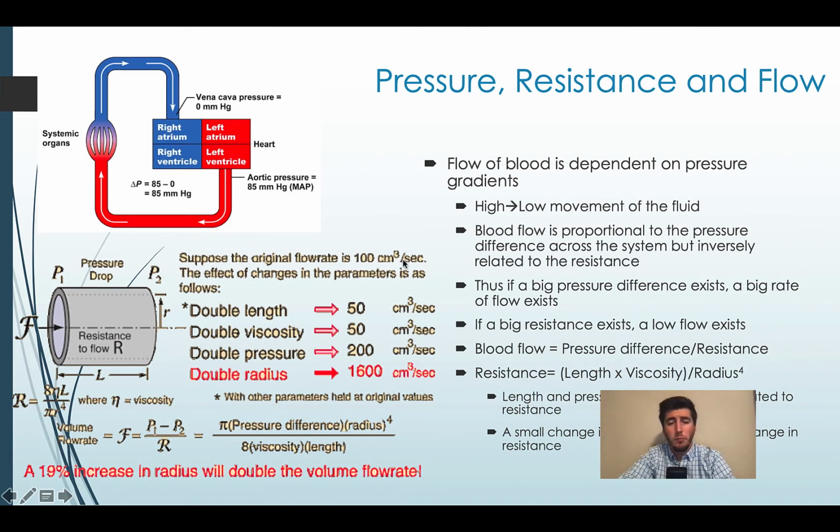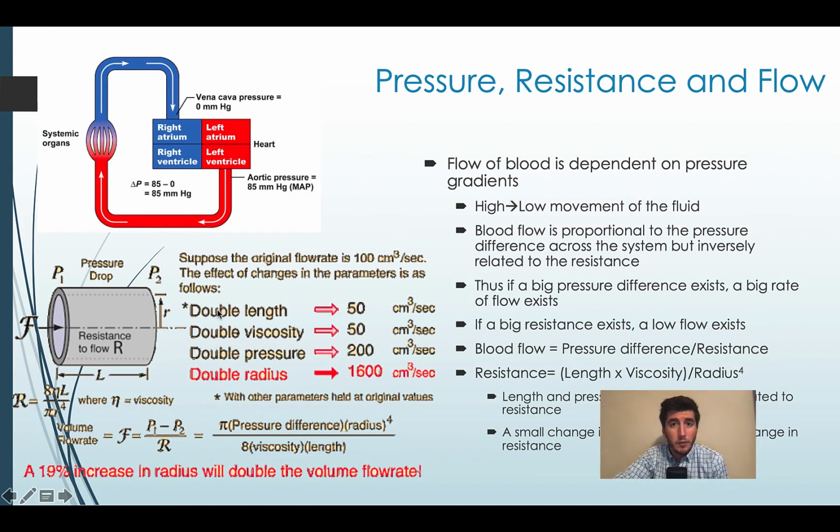Just a random number, don't stress over the units. If we double the length, we double the time it takes to get from one area to the other, so we cut the flow in half. It becomes 50 cubic centimeters per second.